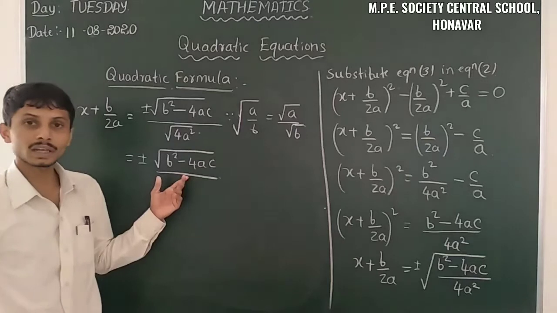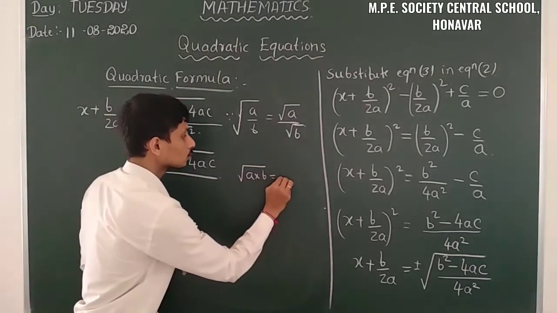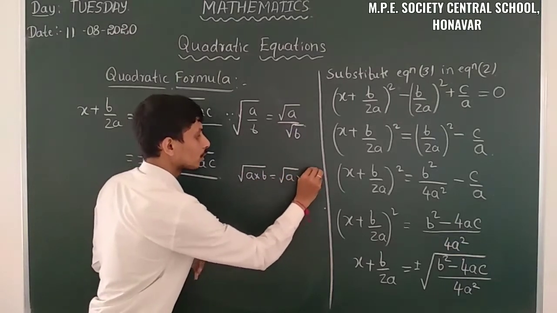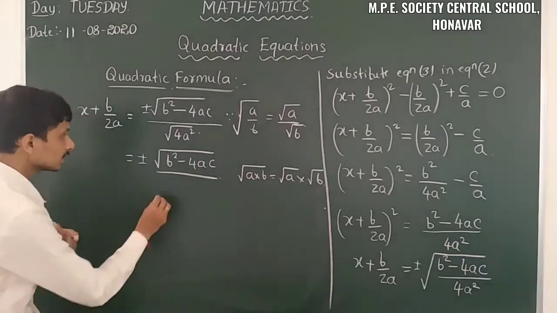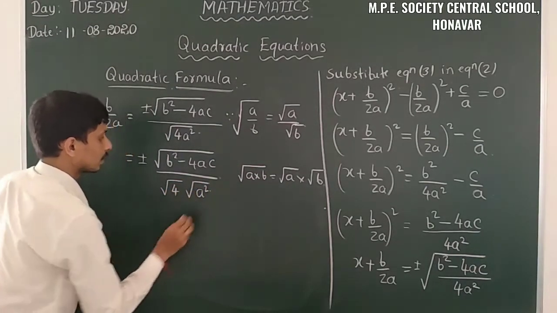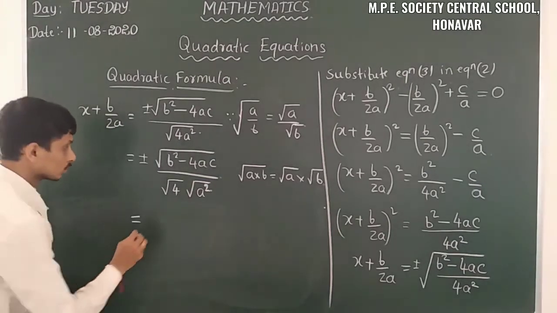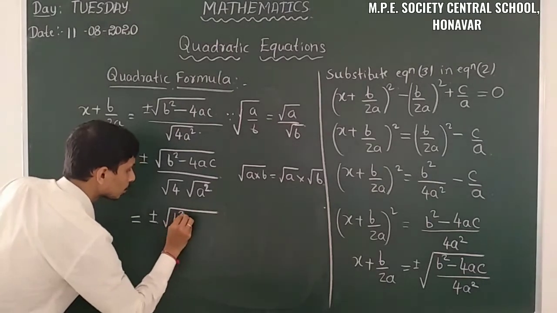Also, the square root of a into b is equal to square root of a into square root of b. So we can use these identities here. That is, the square root of 4 into the square root of a square, and the numerator is plus or minus square root of b square minus 4ac.